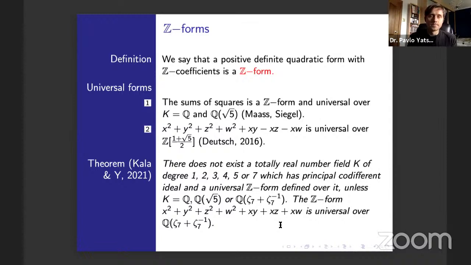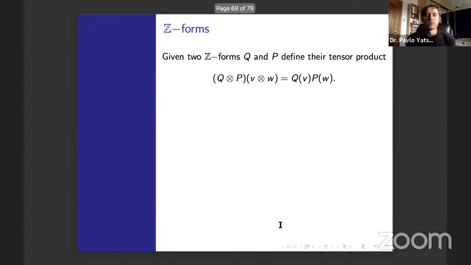Now, when you work with Z forms, we can think of taking a quadratic form and extending its scalars. And so naturally, one works with tensor products. Given two Z forms, Q and P, we define a tensor product. We take Q tensor P, and we take v tensor w. This product will be Q evaluated at v and P evaluated at w.